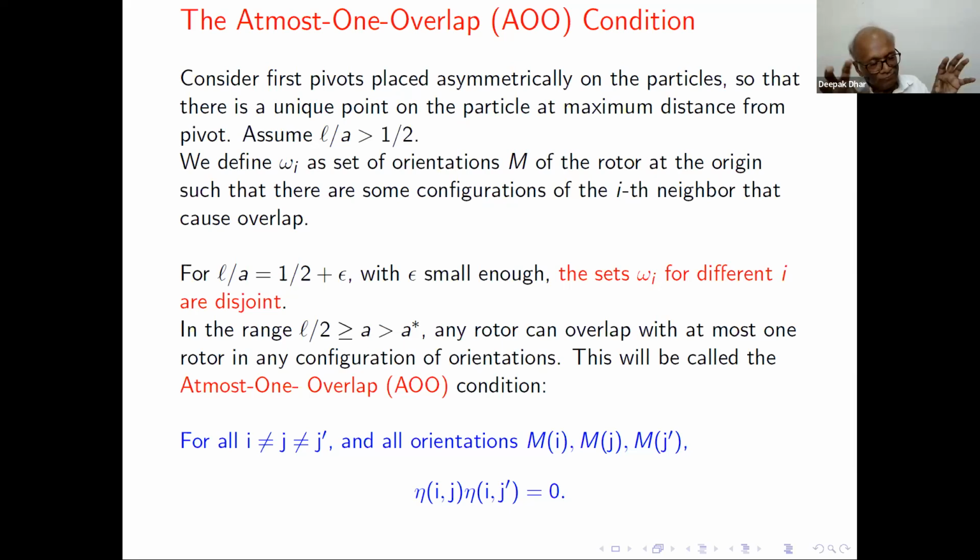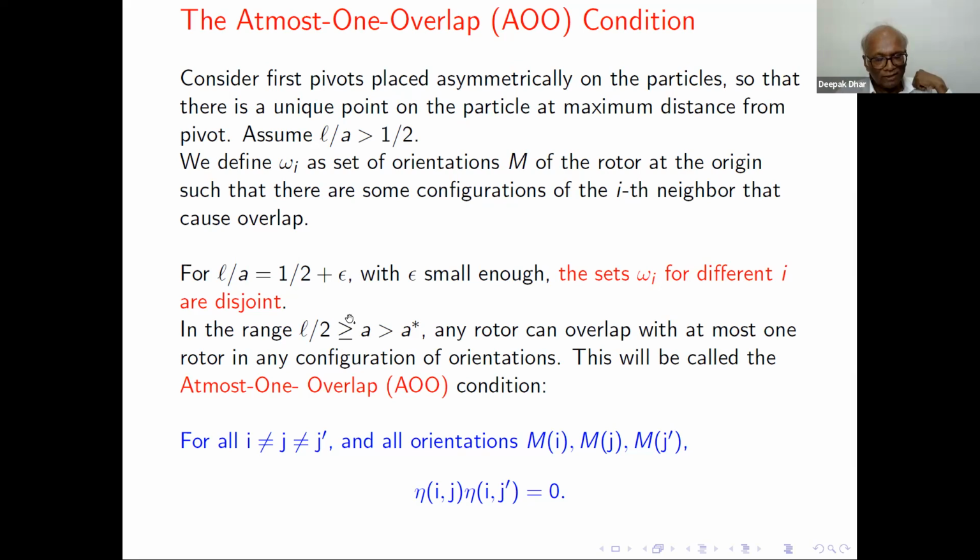If there are these two centers, and this particle can orient a little bit, it can overlap a little bit, and they will overlap if this one is more or less in the direction of the second particle, and the second is more or less in the direction of the first particle. So there is a set of orientations of the first particle which allows you to overlap with the second one. If the orientation of the first particle is outside this set, it will never overlap with the second one at all.